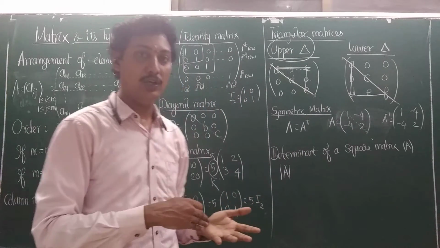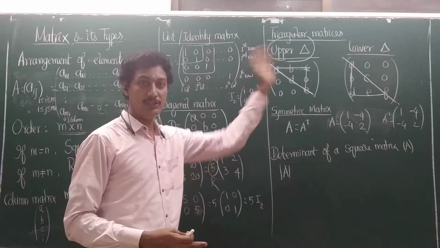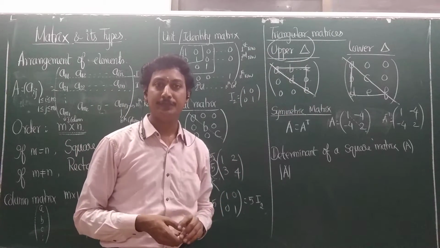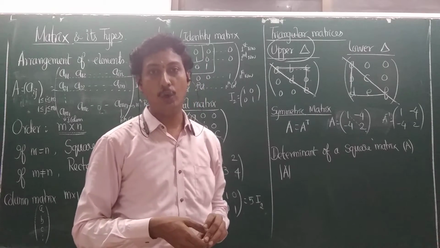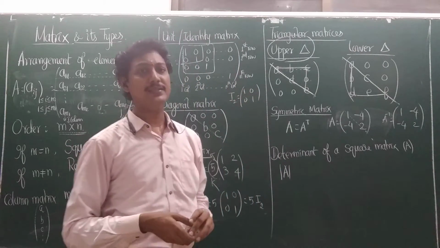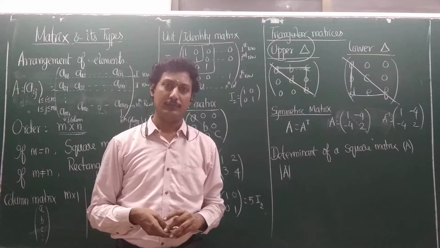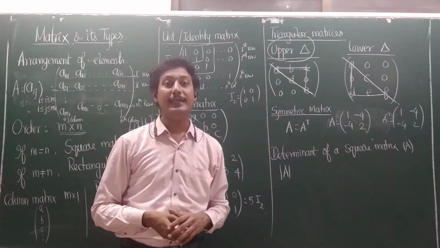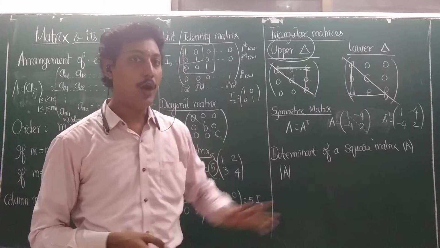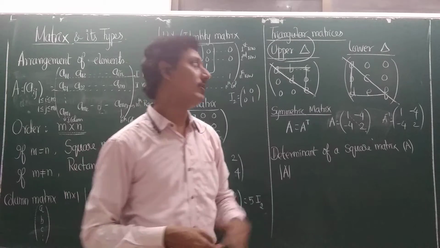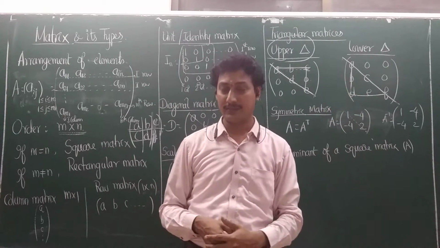If one side is non-zero and the other side is 0, those matrices are called upper and lower triangular matrices. These matrices can be obtained with the help of elementary row operations for the upper triangular matrices and column operations for the lower triangular matrices.